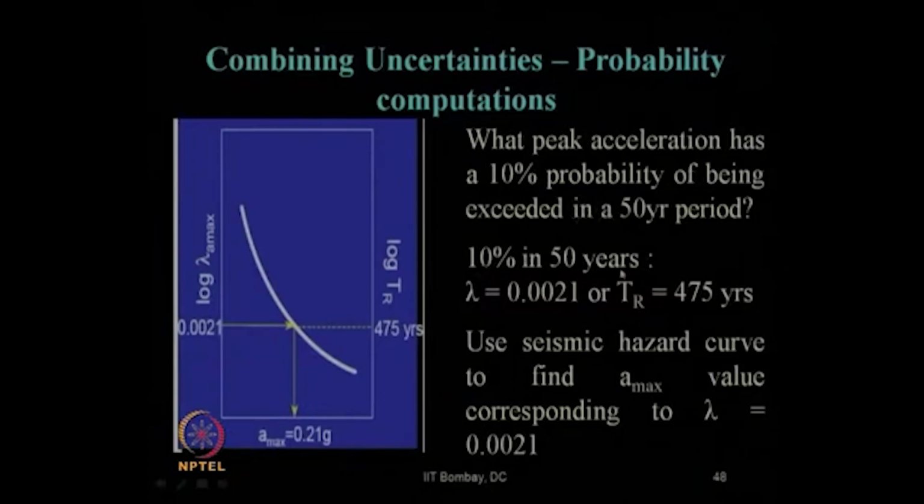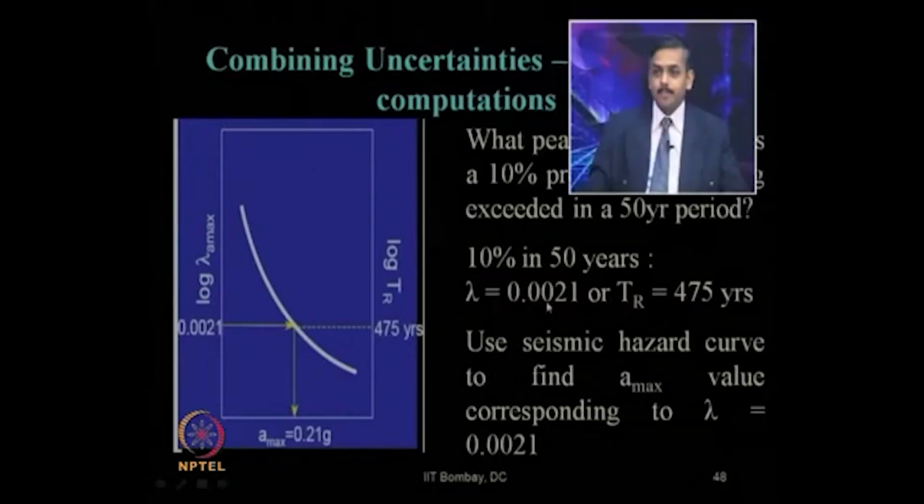Now, 10% in 50 years, how will you get it? For a particular region, you already have this seismic hazard curve developed. Go to that curve corresponding to your 10% probability in 50 years, which corresponds to TR of 475 years, or a lambda value of 0.0021. We have already seen that in our example using the Poisson distribution, isn't it?